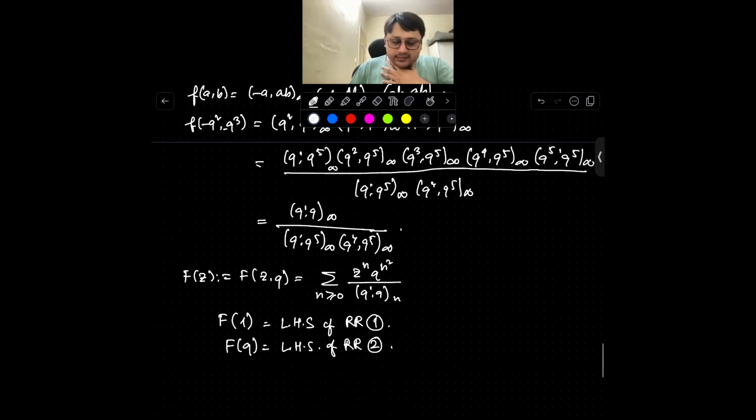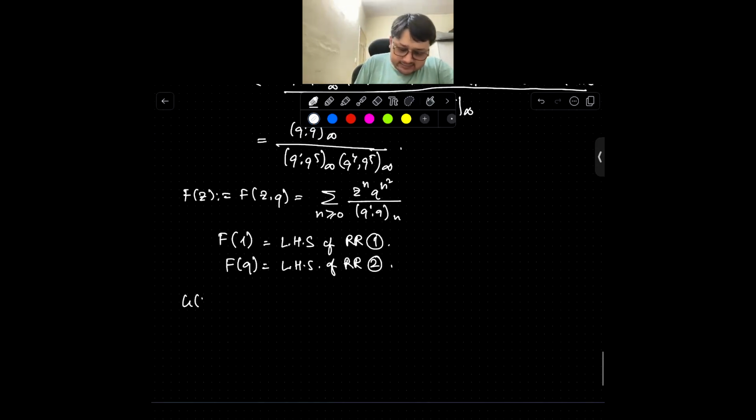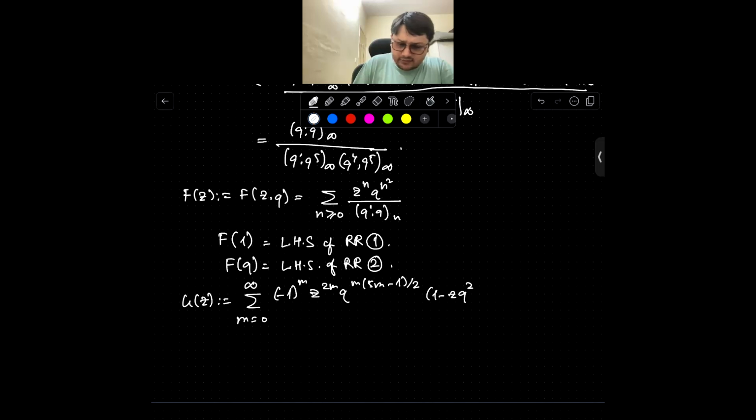And let's set g(z) to be something like this. It will look very complicated, but it's going to come out nicely in the end. And it should remind you a little bit of Sylvester's identity that we just saw.